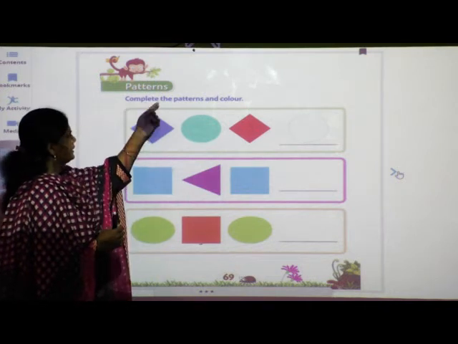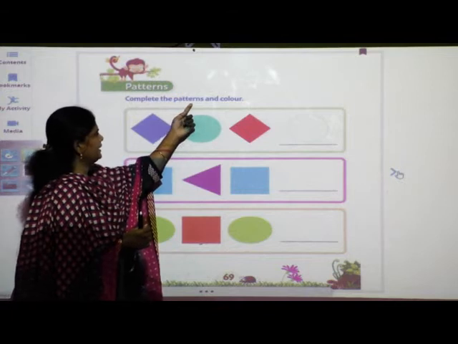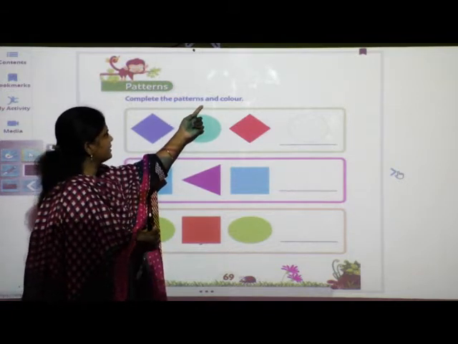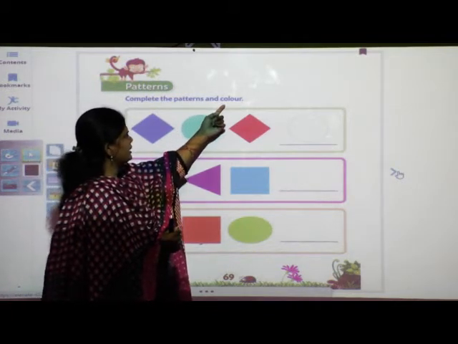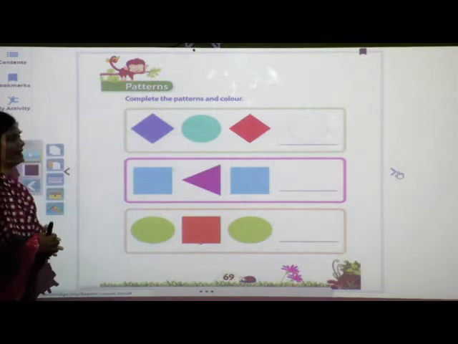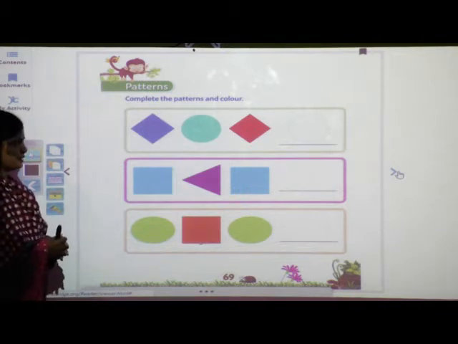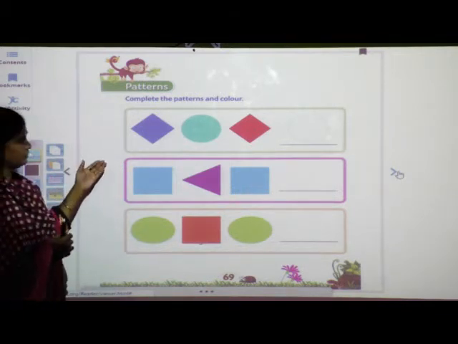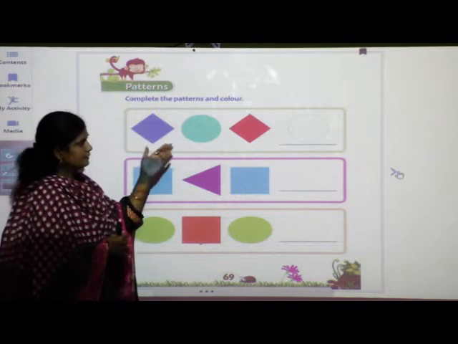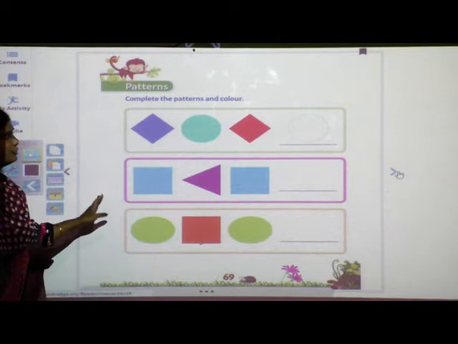COMPLETE, complete. THE, the. PATTERNS, patterns. AND, and. COLOUR, color. Complete the patterns and color. Yes. So what do we have to do? We have to draw the shapes and we have to color.